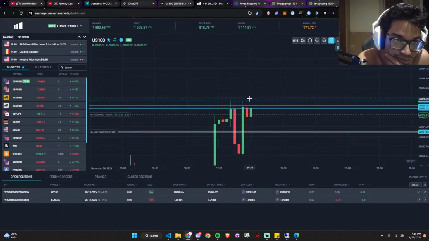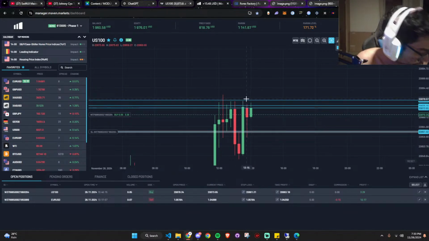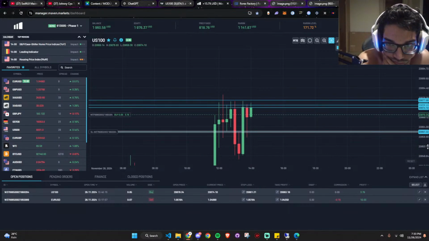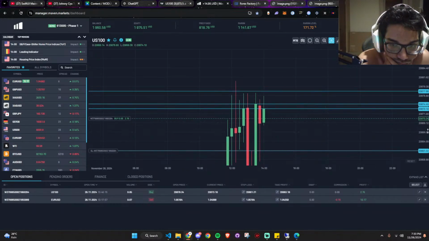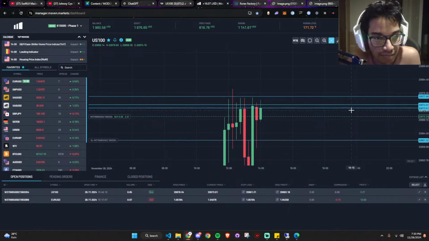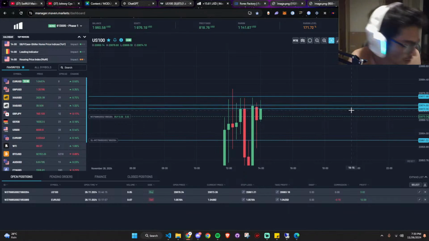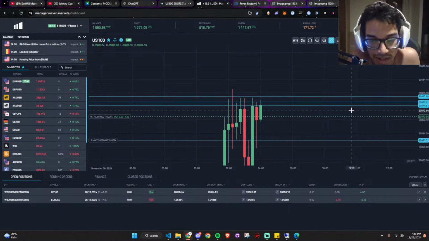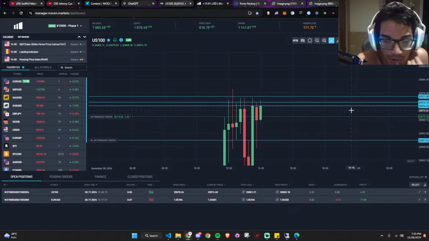It's rejecting this a lot. Okay, it's rejecting it. Come on. Press breaker structure, please. Press breaker structure and we break even. No risk at that point.